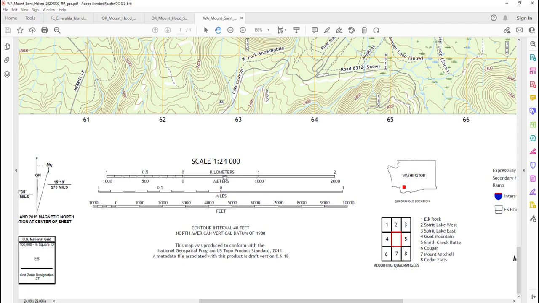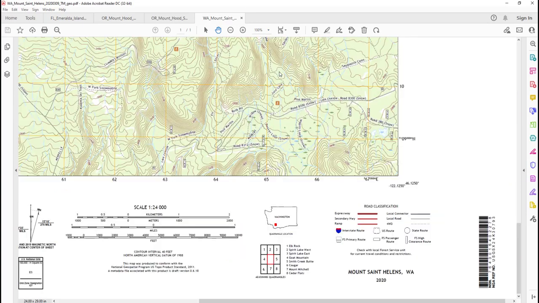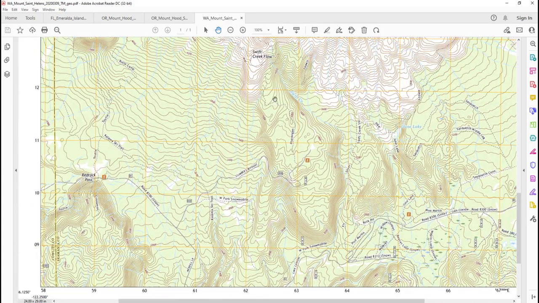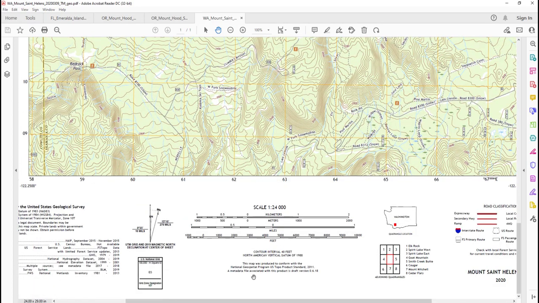Ratio scales and bar scales are both very handy depending on what you're doing. If you're going to use the ratio scale, though, once again, set your magnification at 100 so that when you measure it, you actually are measuring it. But these scales allow you to measure distances on the map so that you know how far things are from each other.